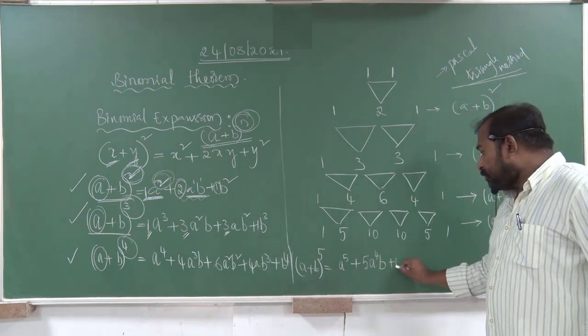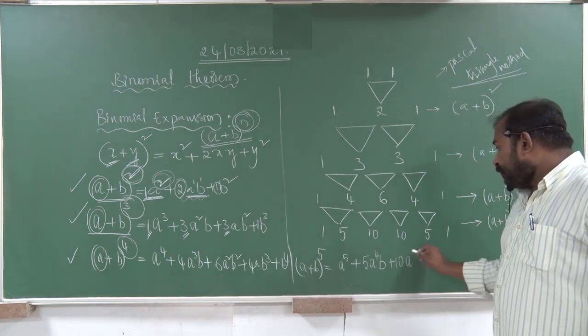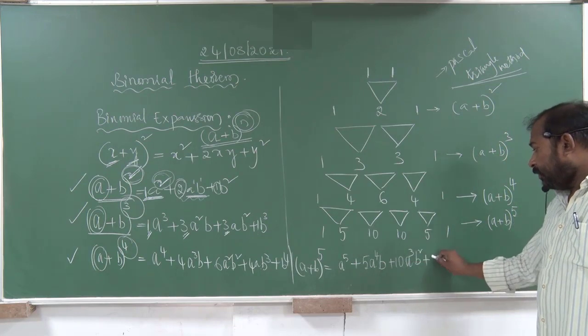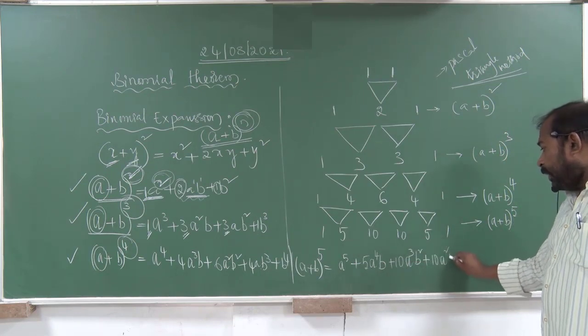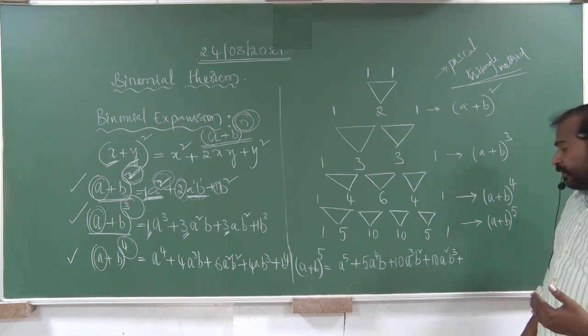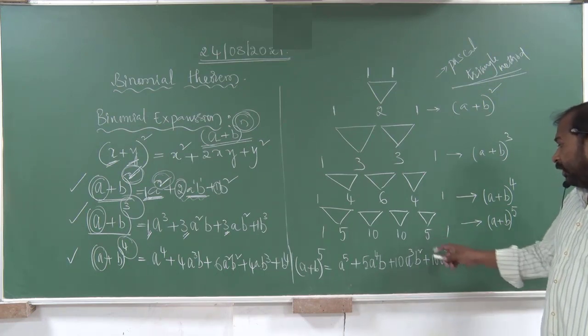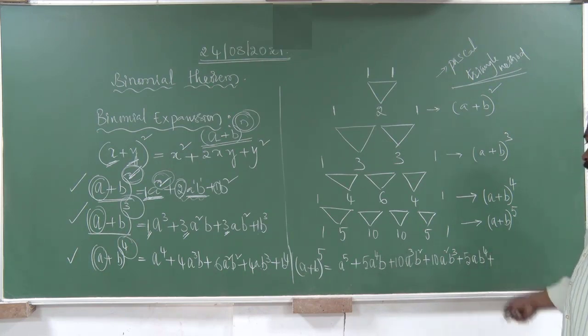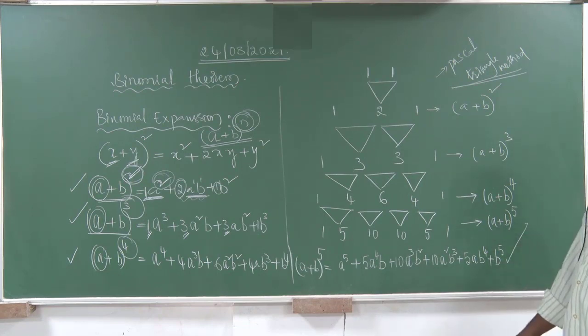Next binomial coefficient 10, a cube, b square will come. Next again 10, a square, b cube will come. Gradually a's power is reduced by 1 and b's power is increased by 1. Next value 5, a, b to the power 4. The last value is b to the power 5.